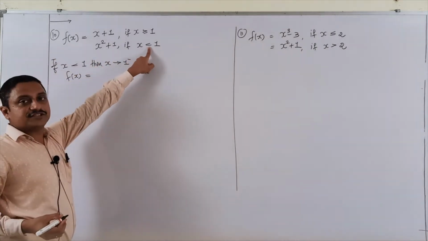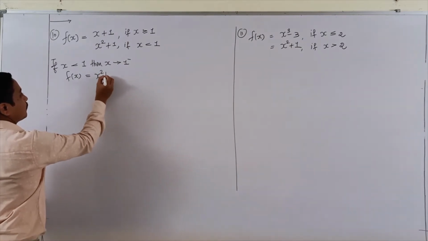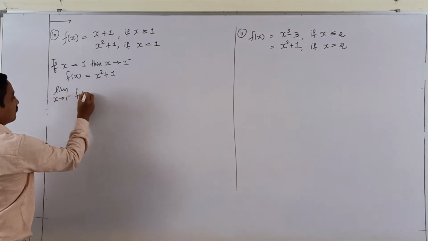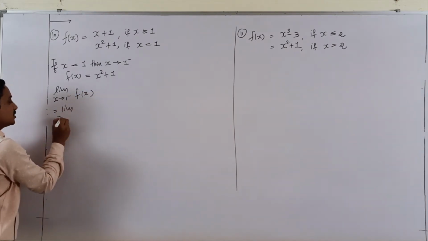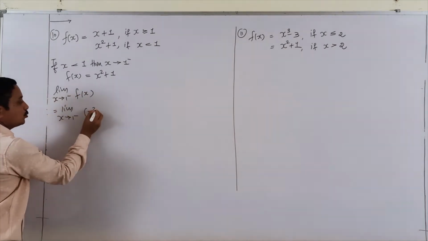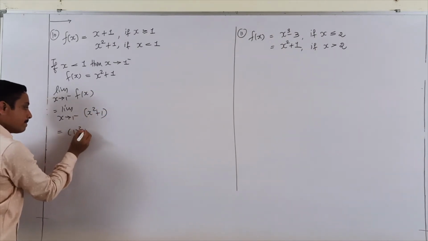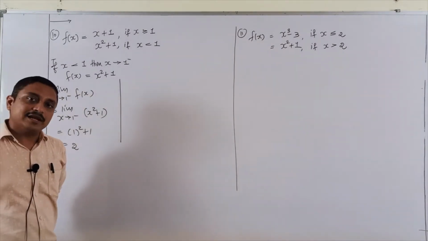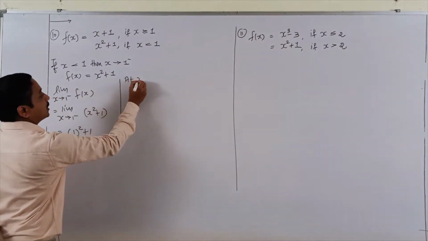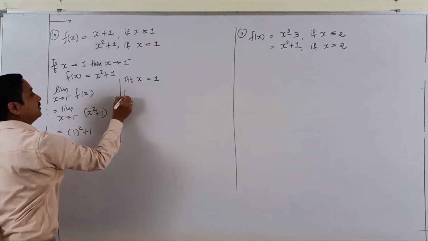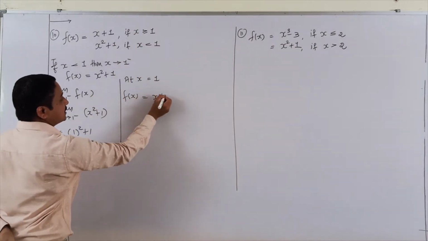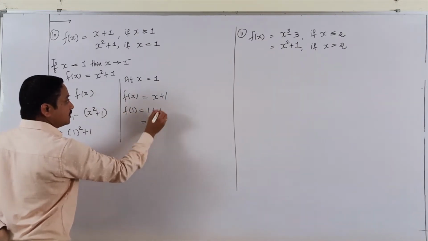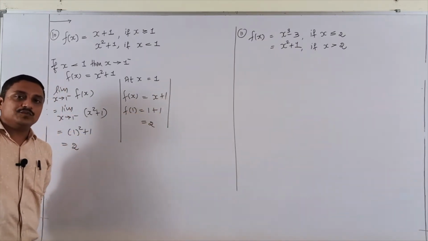Functions are there for less than 1, and the value in the limit from 1 minus of f(x): same as just taking x is equal to 1, you are getting the value 2. Similarly, at x is equal to 1, what is the function? Yes, it is x plus 1, f(1), my value is only 2.